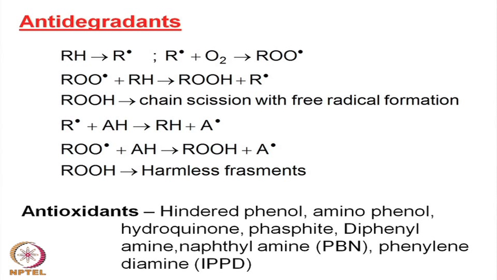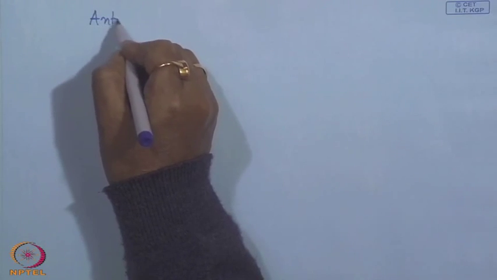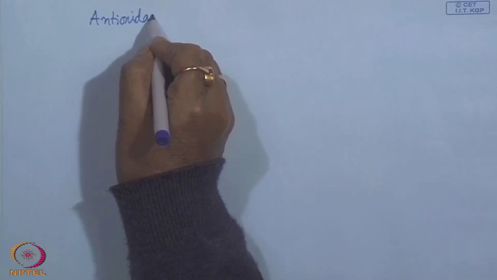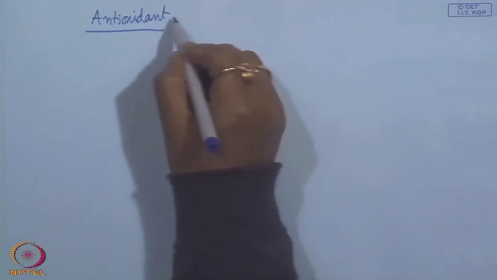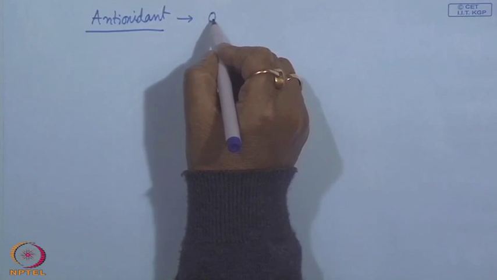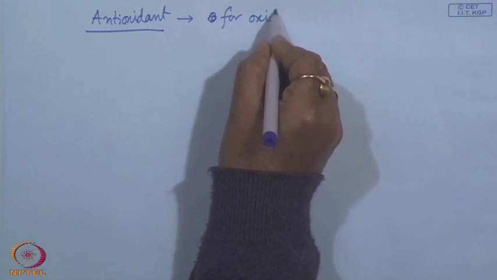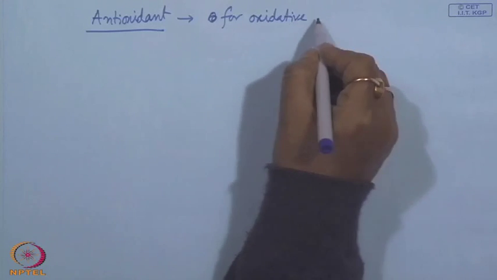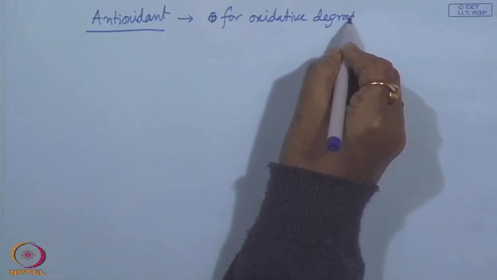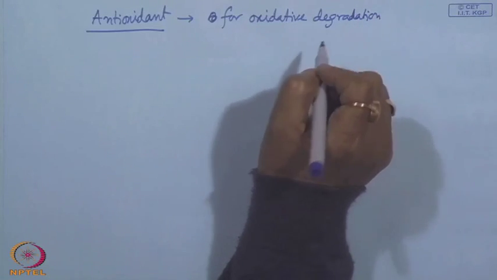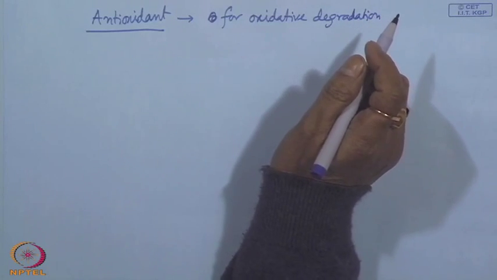Antidegradants. After the pre-vulcanization inhibitors, I mentioned that stabilizers are used. The stabilizers can be antioxidants if the degrading agency is oxygen, in the case of oxidative degradation of rubber products.